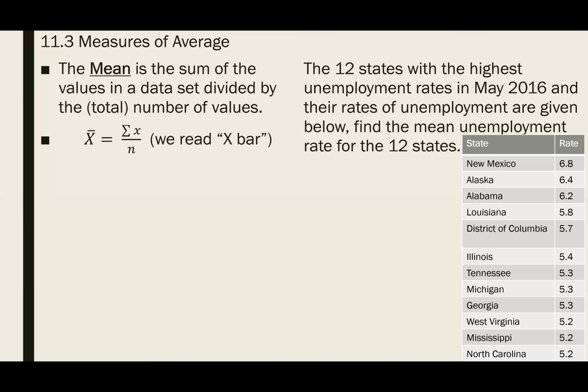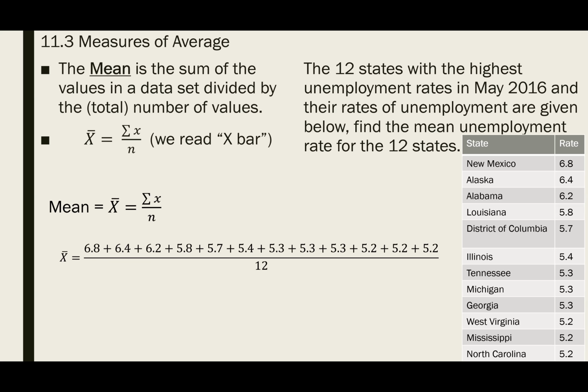To find this mean, what do we need to do? We take each individual rate and divide by the total number of states that we have. So 6.8 plus 6.4 plus 6.2 plus 5.8, and so on and so forth. If you add all of that up, it gives you 67.8.